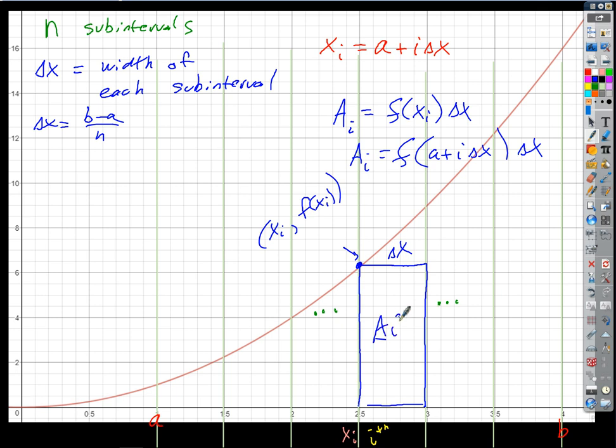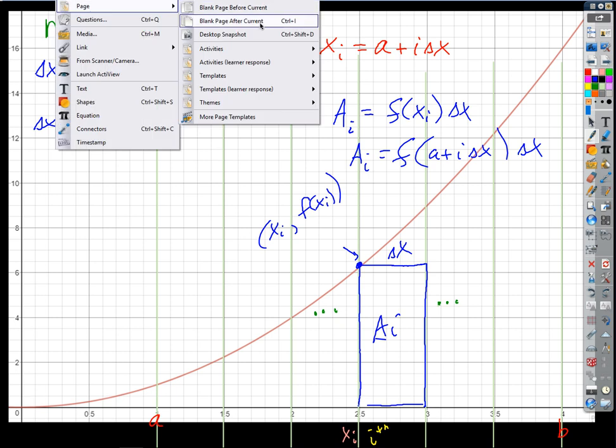So if I want to add up the whole sum, that's no big deal, right? The total area is just the sum of all of the i rectangles from 1 to n.